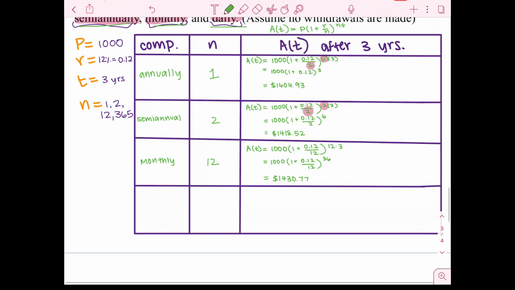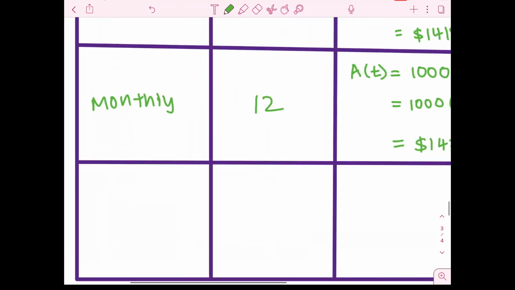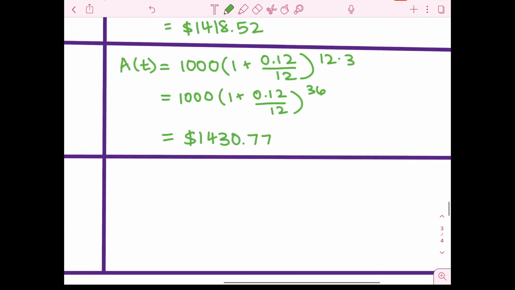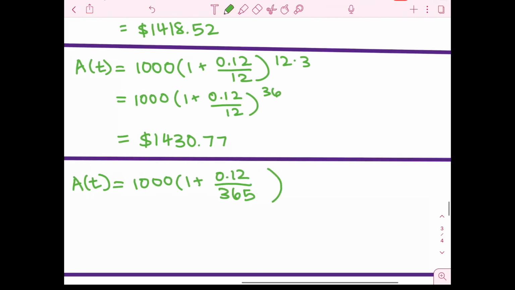Wow, okay, and now we are finally at our daily. So daily, and this is being compounded 365 times per year. So our A of t is going to equal 1,000 times 1 plus 0.12, our same r, divided by 365 to the power of 365 times 3.